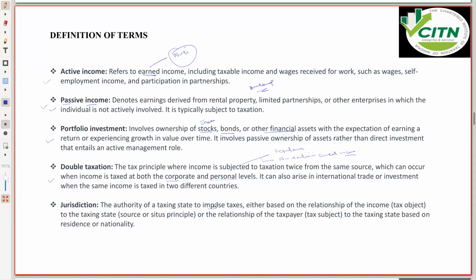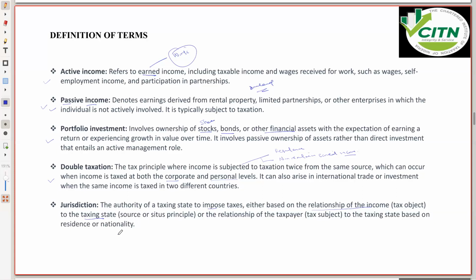And that right will be based on, one, the relationship of the income with the tax object, or the taxing state, which is the source, or the relationship to the taxpayer based on their residence or nationality. So there are different jurisdictions. Your rights could be in terms of the fact that this income is related to the source.